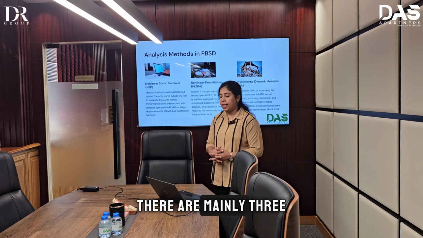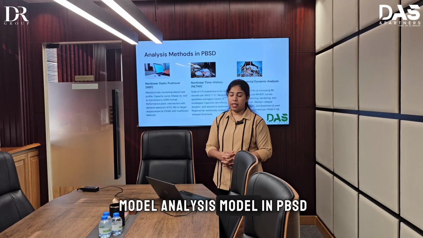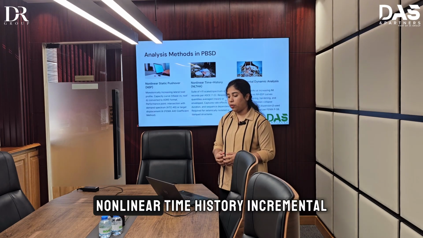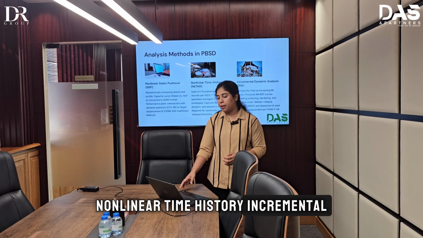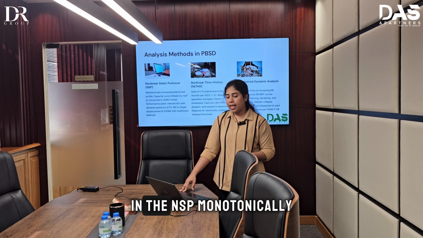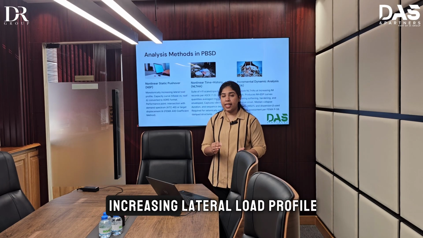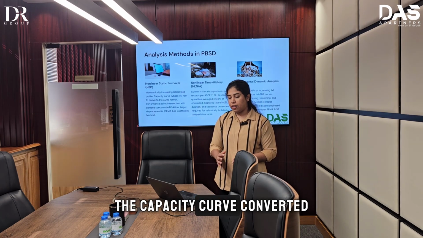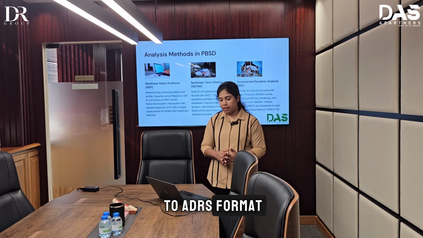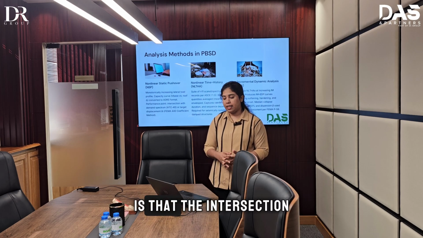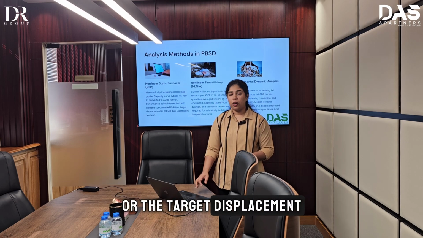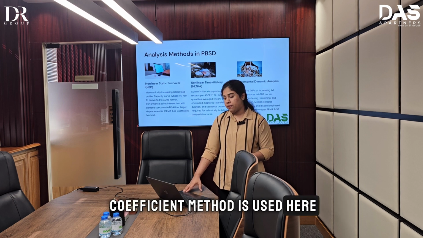There are mainly 3 analysis methods in PBSD: nonlinear static pushover, nonlinear time history, and incremental dynamic analysis. In the NSP, a monotonically increasing lateral load profile is used. The capacity curve is converted to ADRS format. The performance point is the intersection with the demand spectrum, or the target displacement coefficient method is used here.